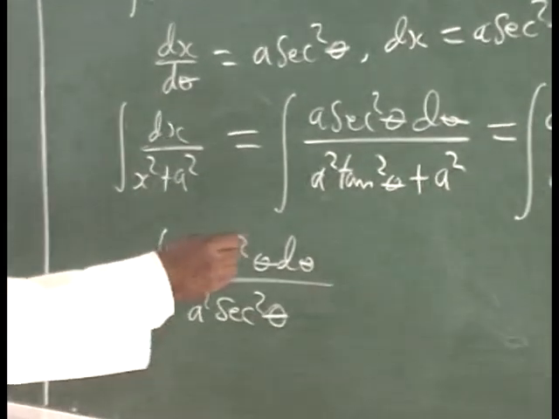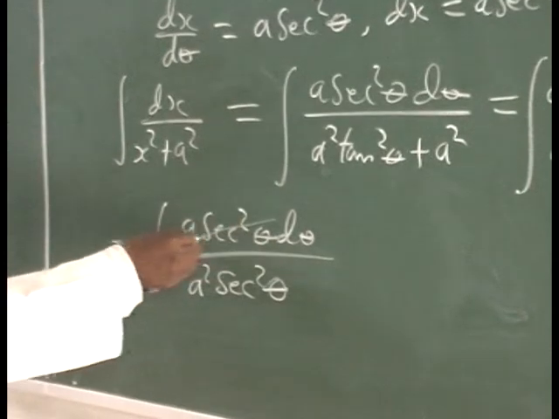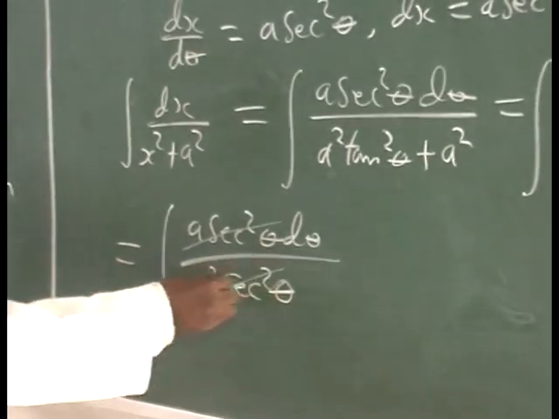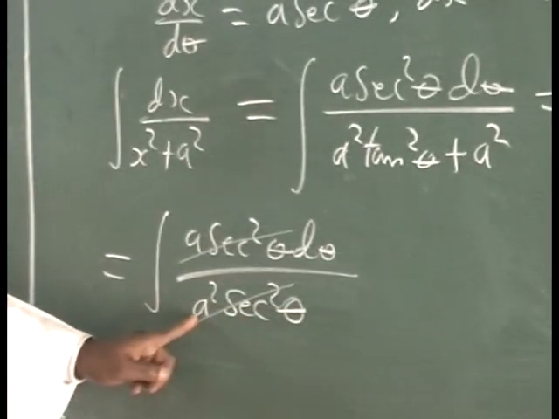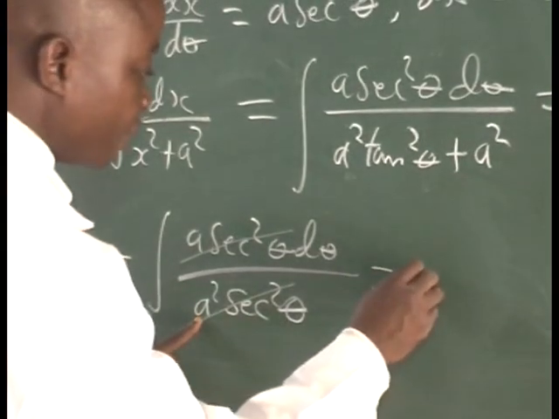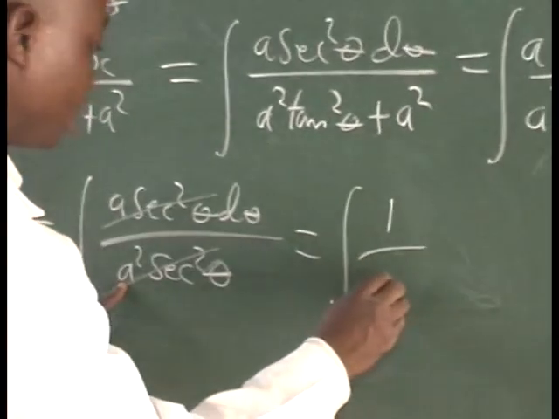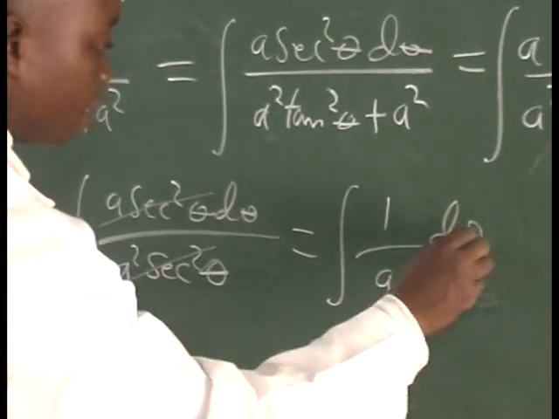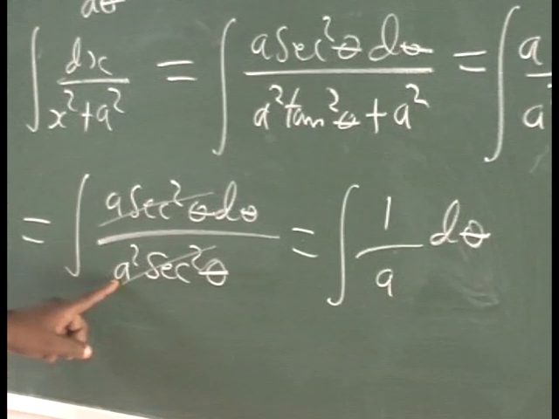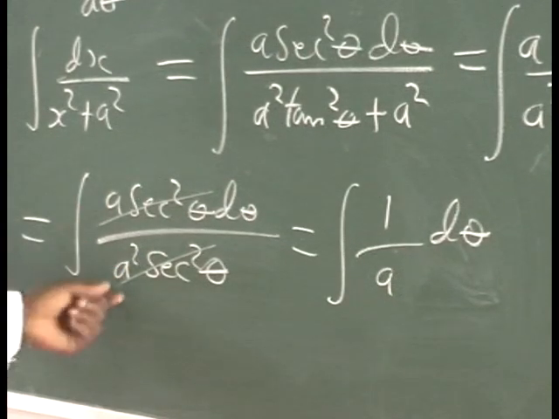That means the whole of this can cancel the whole of this, remaining only a, because we have a squared here. So I have the integral of 1 all over a d theta. That is what remains, because a cancels a here, remaining 1 over a.